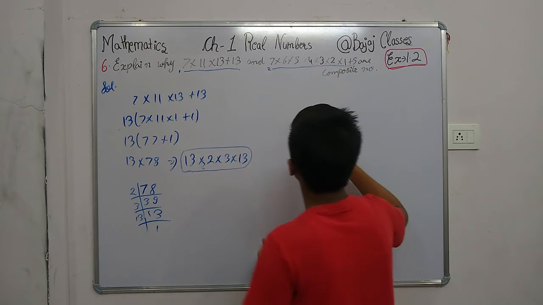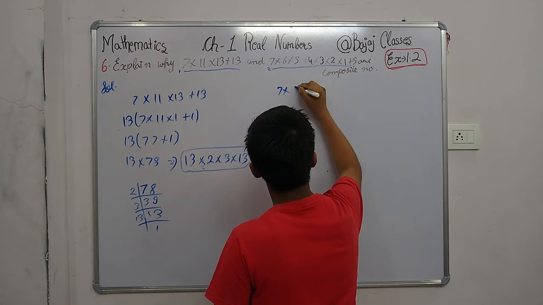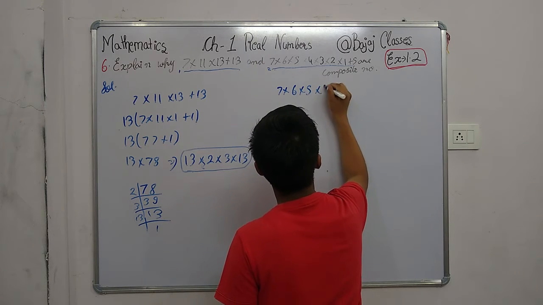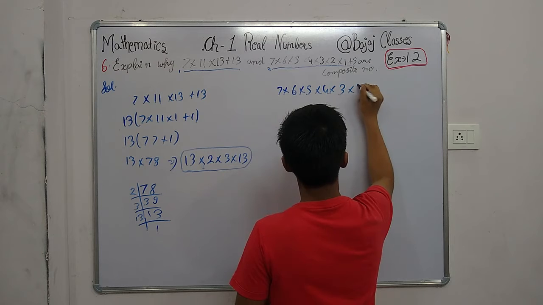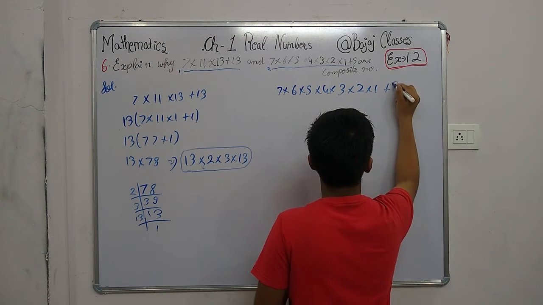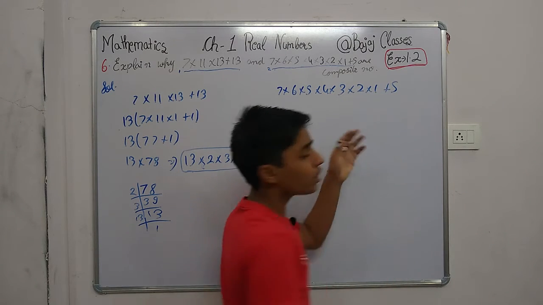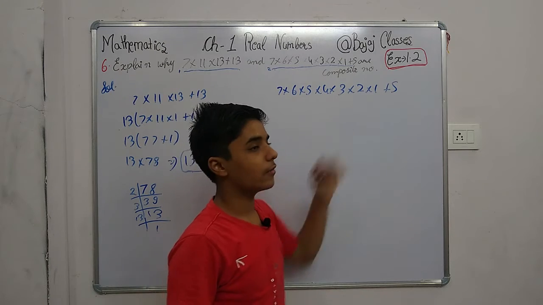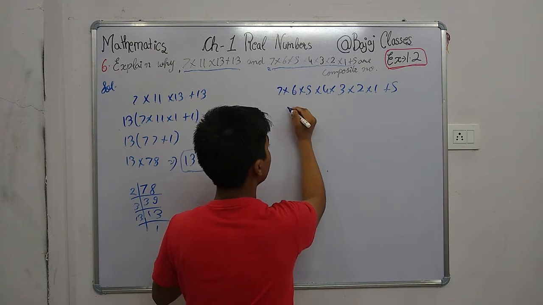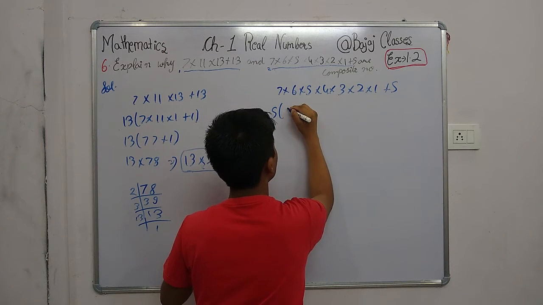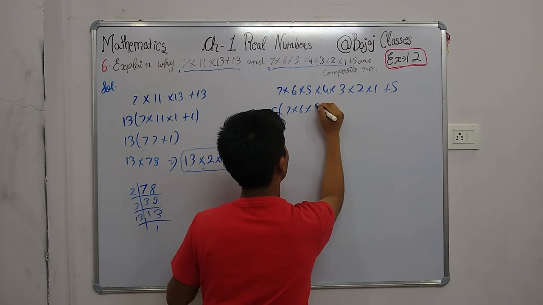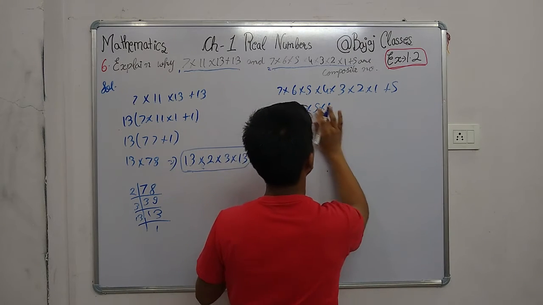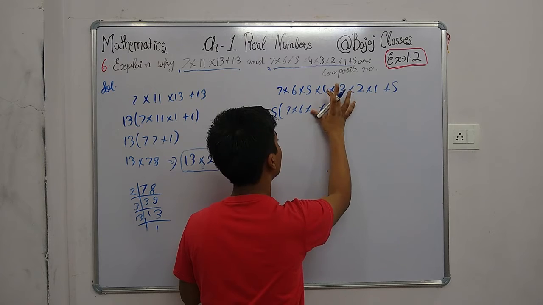Now our second number is 7 into 6 into 5 into 4 into 3 into 2 into 1 plus 5. Which number should we take common? We will take 5, because here also there is 5. So 5 into (7 into 6 into 4 into 3 into 2 into 1 plus 1).